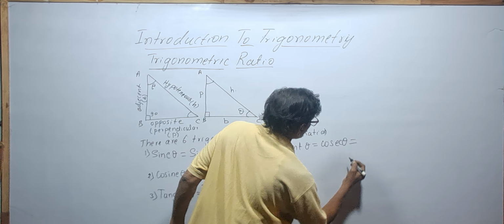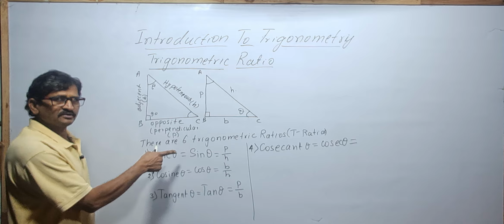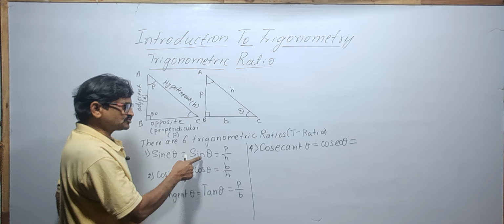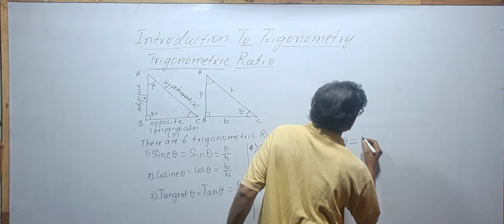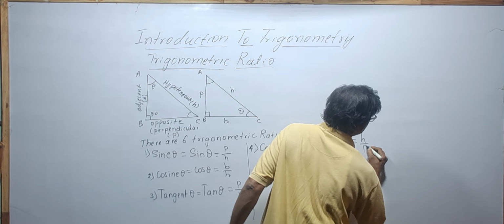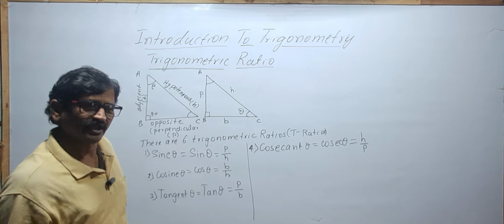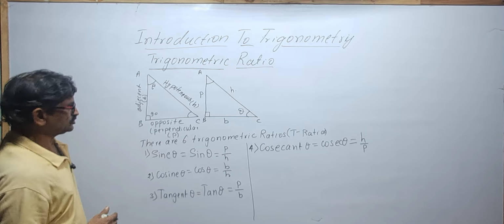Sin theta is perpendicular by hypotenuse, so cosec theta is hypotenuse by perpendicular.